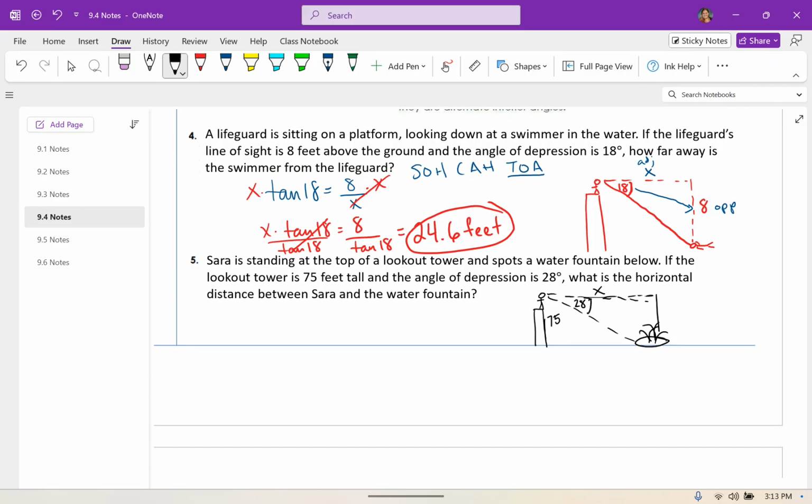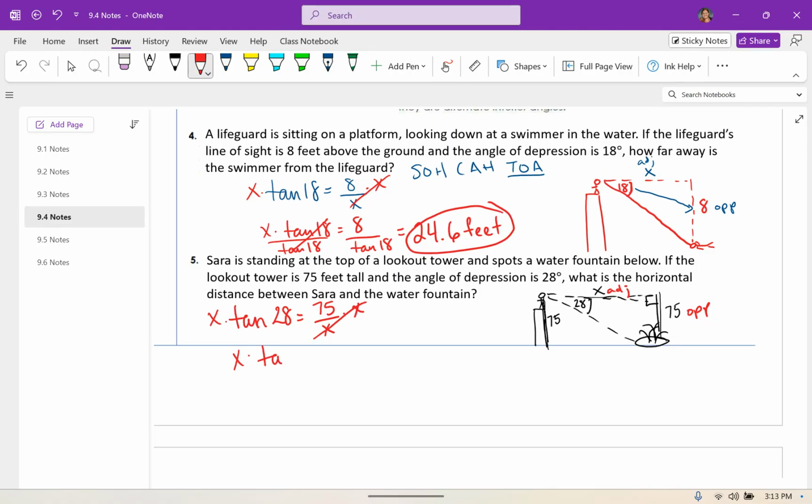Okay. So if this is 75 feet, then this is 75 feet. Now I've got my right triangle. It is opposite and adjacent again. So tangent of 28 equals 75 over x, multiply by x.